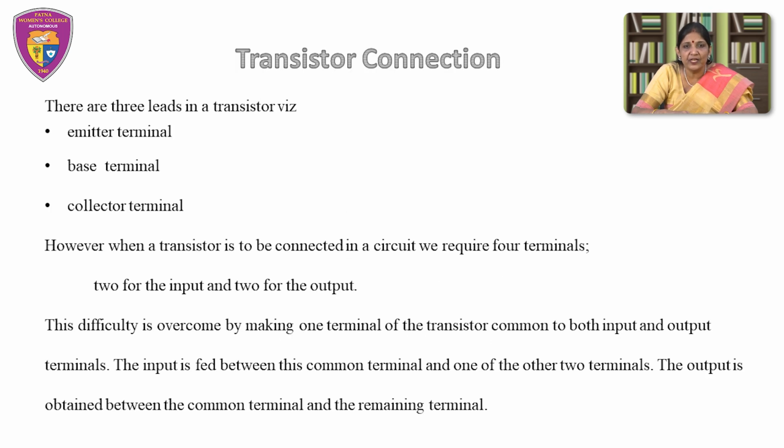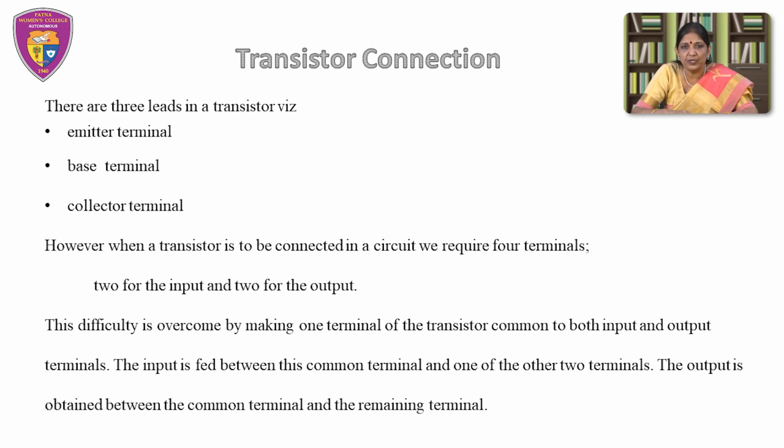So, there are three leads in the transistor, that is the emitter terminal, base terminal and collector terminal. However, when a transistor is to be connected in a circuit, we require 4 terminals, 2 for the input and 2 for the output. This difficulty is overcome by making one terminal of the transistor common to both input and output terminals.